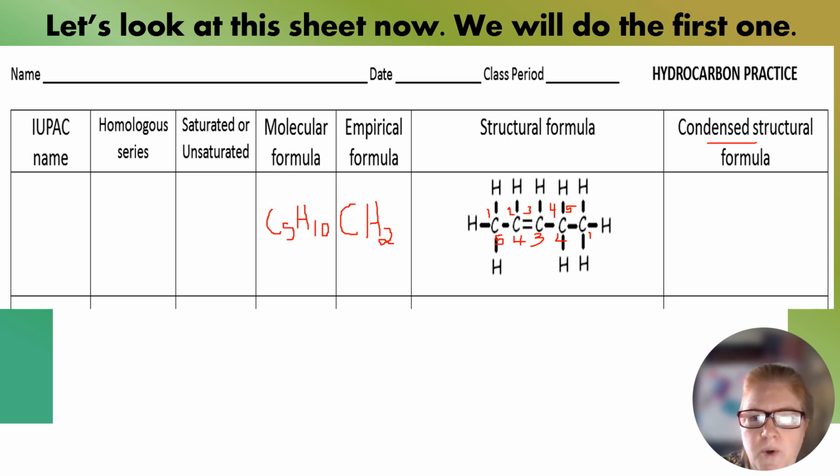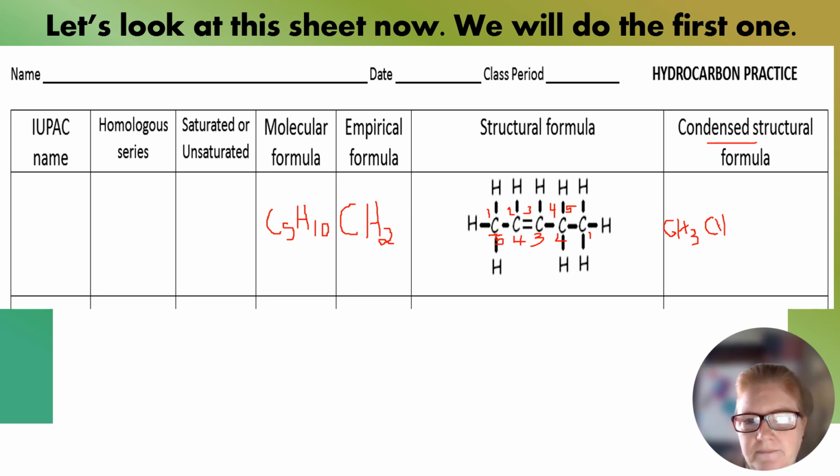So I write the C first, and then what's connected to it that's not a C? I have 3 H's, so CH3, and then what is connected to that? A C, right? And what is connected to it that's not a C?